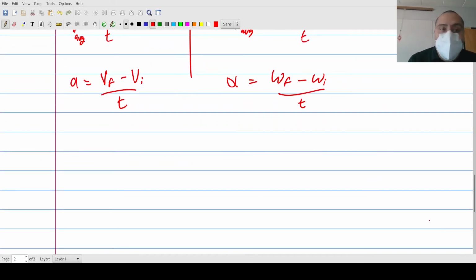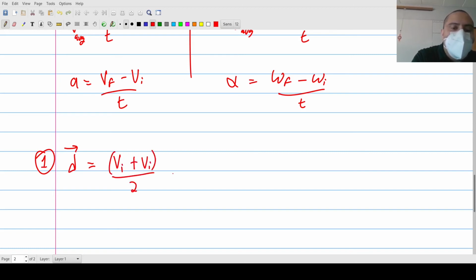So it turns out the kinematic equations are also going to have a lot of similarity. You might remember this one as your first kinematic equation that we very rarely talk about. Your displacement is equal to v initial plus v final over 2 times time.